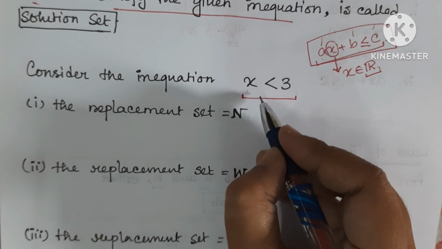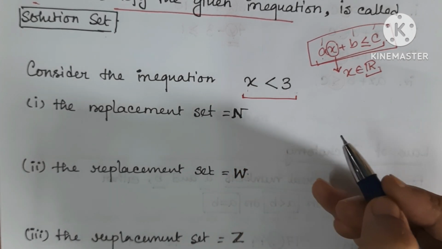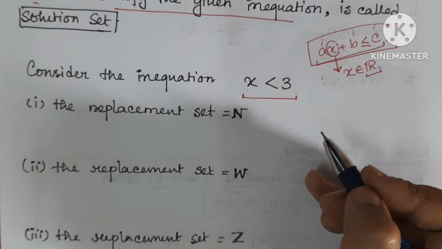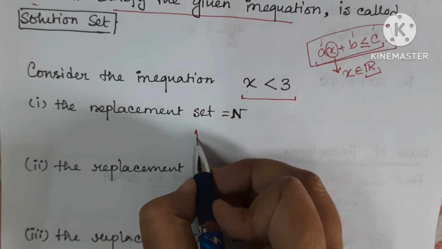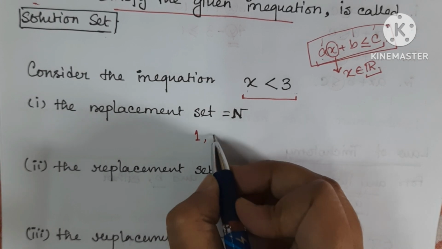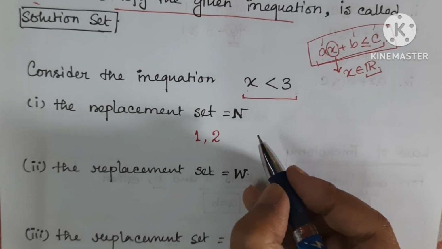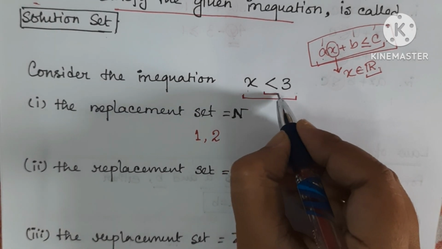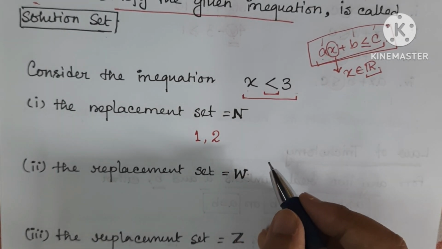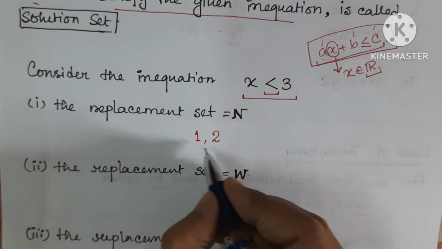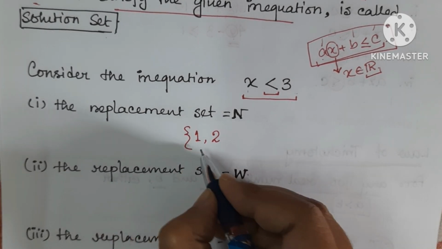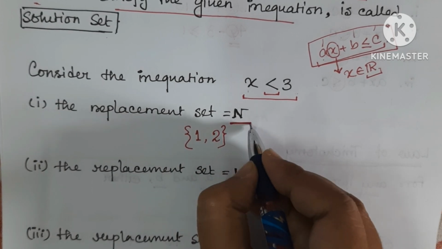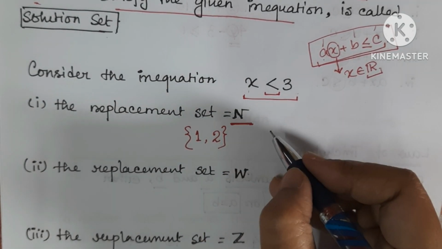See, it is given that x less than 3. So, value of x will be either 1 or 2, but not 3, because it is strictly less than. So, x will be either 1 or 2, because the replacement set is N. N means set of natural numbers.